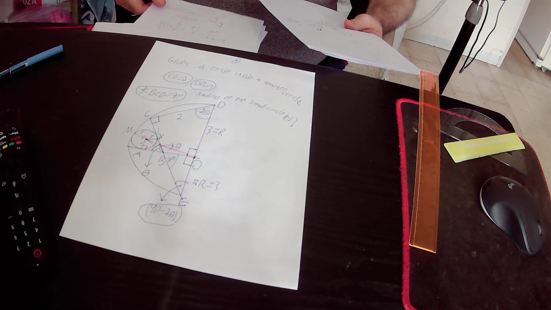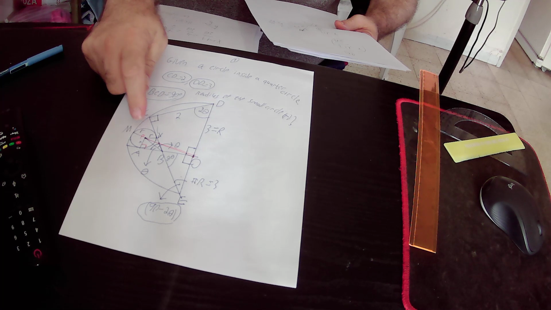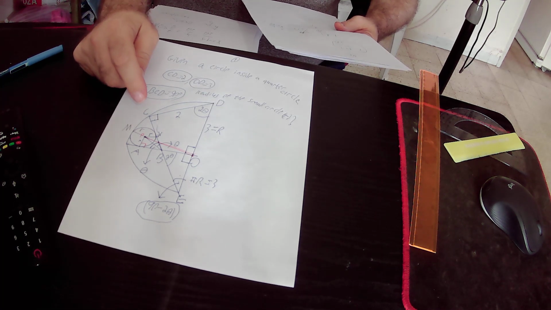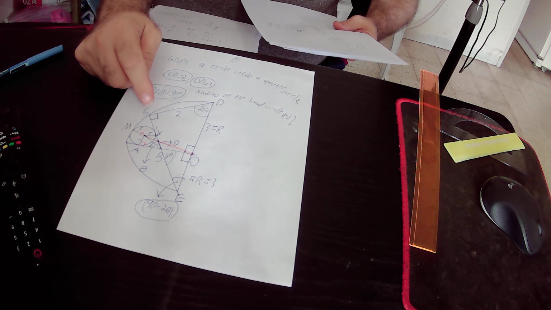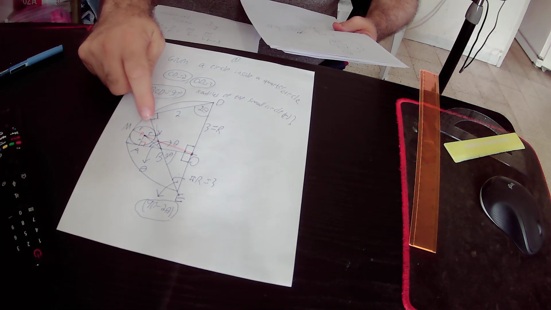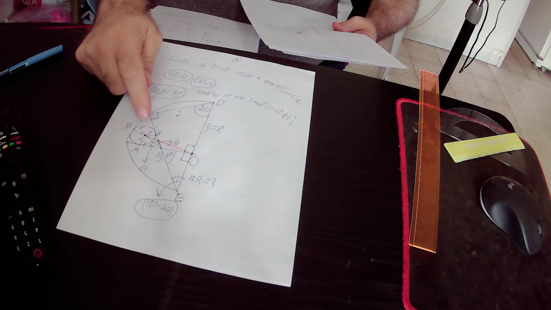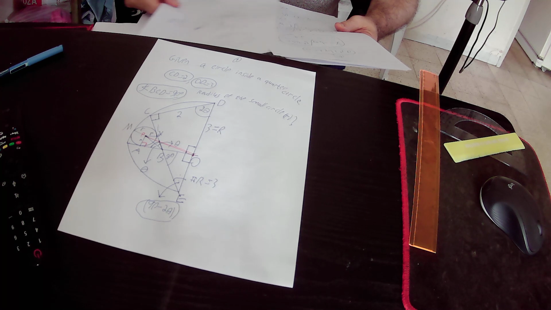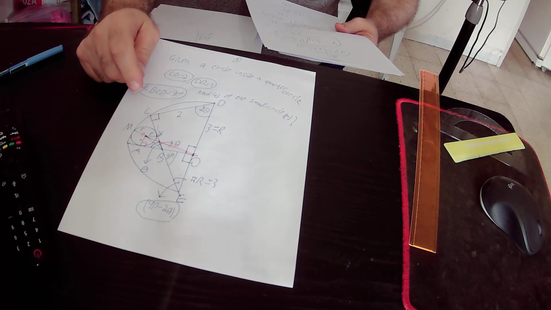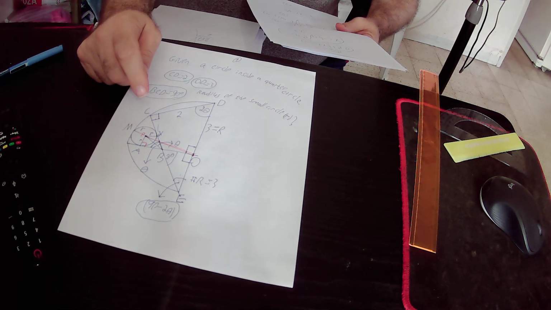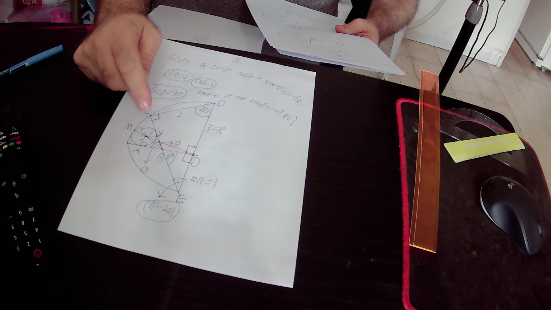So first of all, we defined the center of the small circle as point P. Then we join together by a straight line points A and P, points P and X, and points P and B. Okay, and we defined angle ABP as theta.